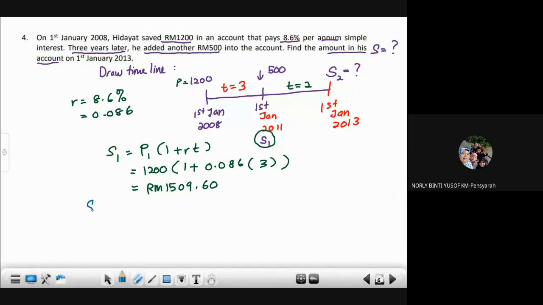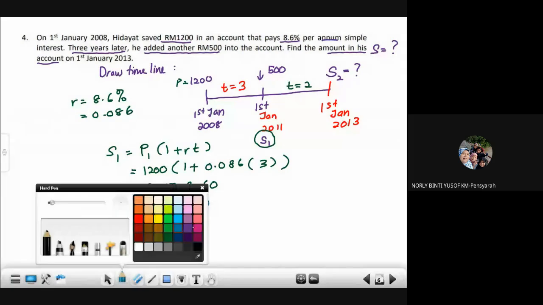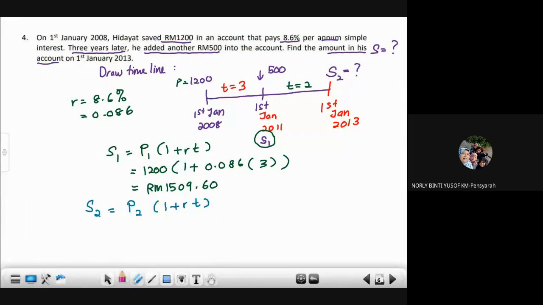So S2 lah. So nak cari S2, you kena ada principal plus in bracket 1 plus RT. Cuma principal you adalah total amount daripada first three years tu. That means lepas 3 tahun tu dah dapat total amount. Lepas tu tambah dengan 500. So dekat sini S1, P2 you lah, sama dengan S1 plus 500.